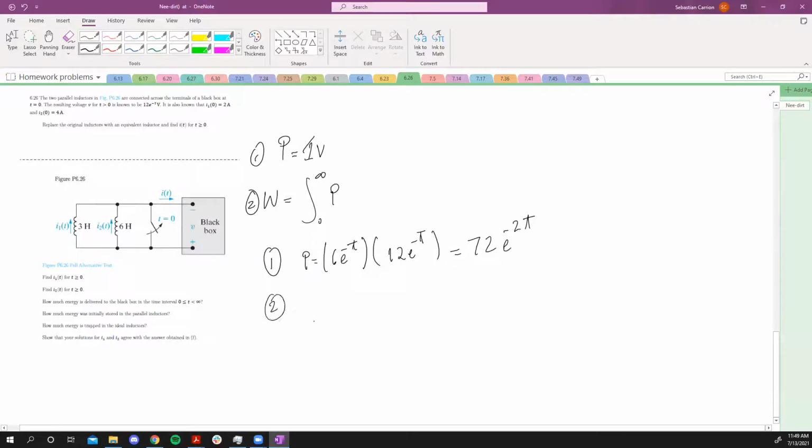And then for our second step, take the integral of this.